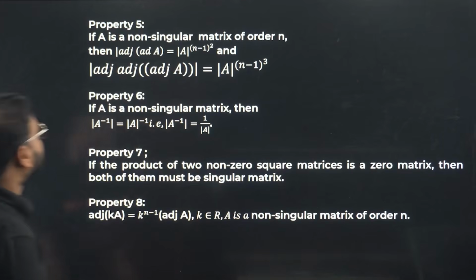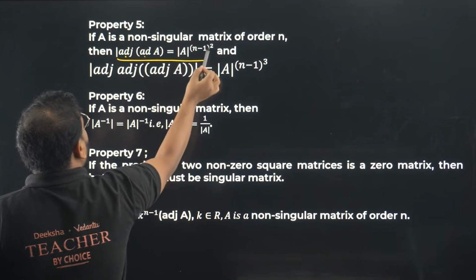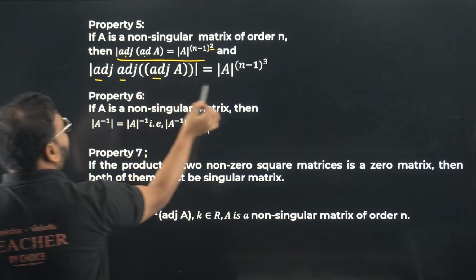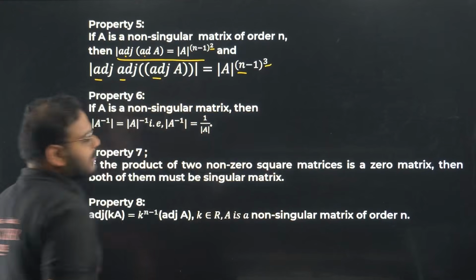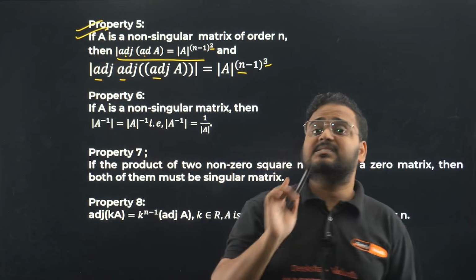Some more properties to remember. I taught you this already. If we have 2 adjoints over here, the power of n minus 1 is 2. If we have 3 adjoints, power of n minus 1 is 3. Taught you that very well, no confusion. Property number 5 is discussed in detail.